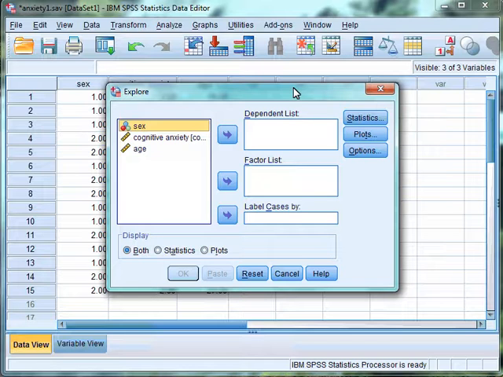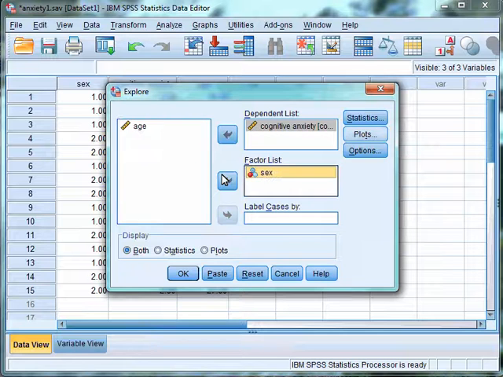So to explore the data, we're going to select cognitive anxiety and move it to the dependent list. Next, we're going to select our independent variable of sex and move this under the factor list. Factor is often used as another word for independent variable.